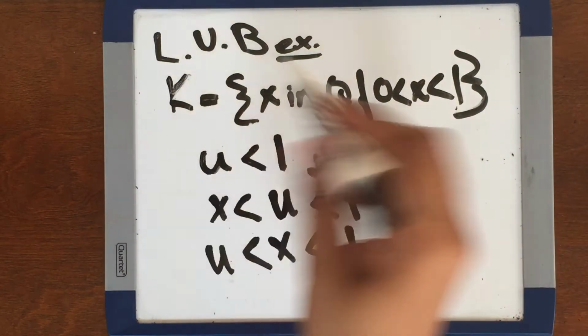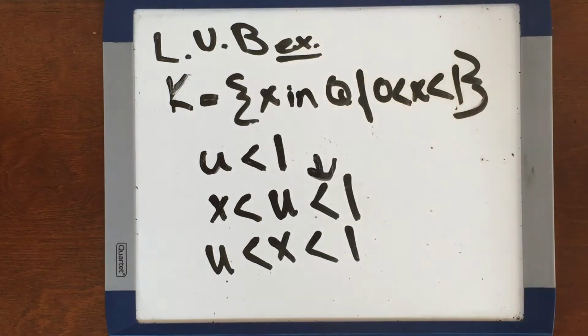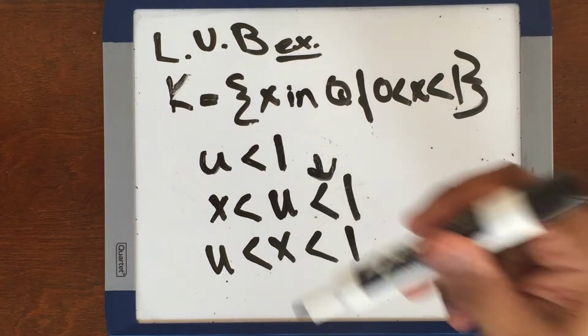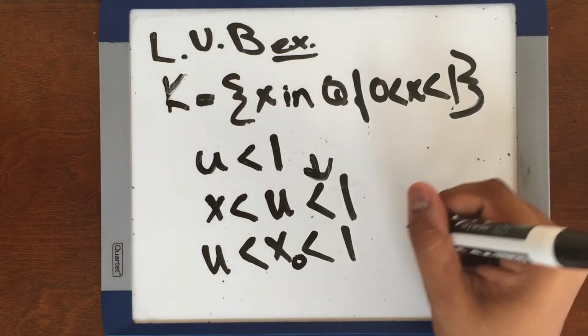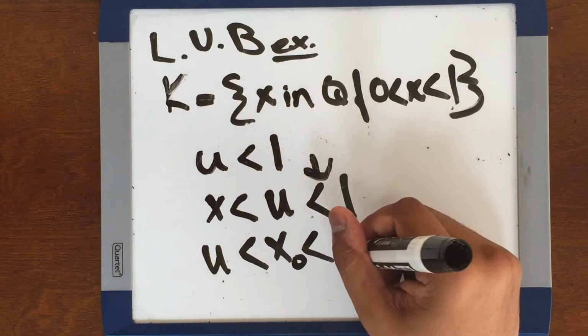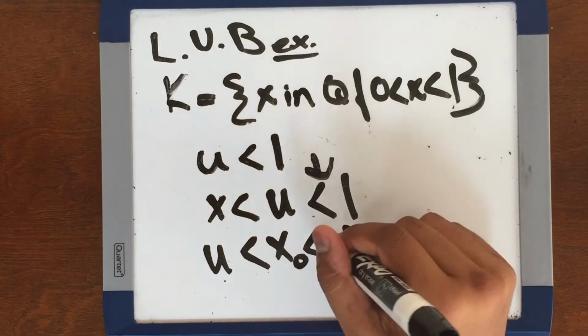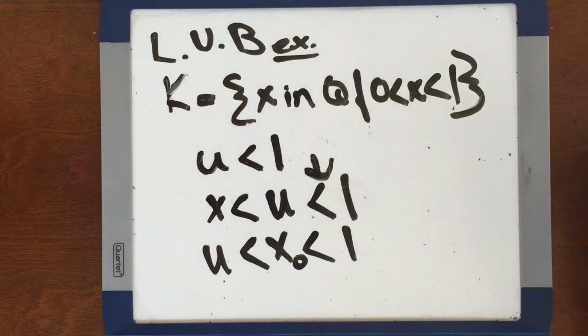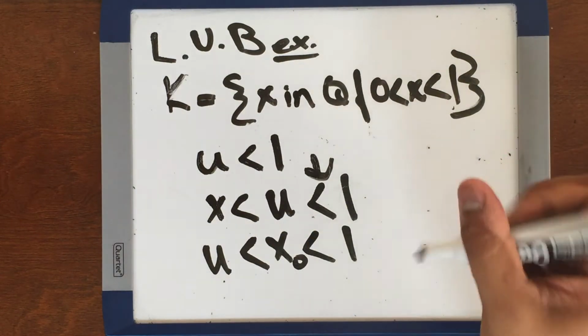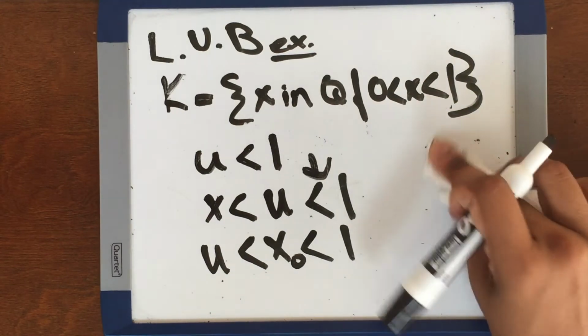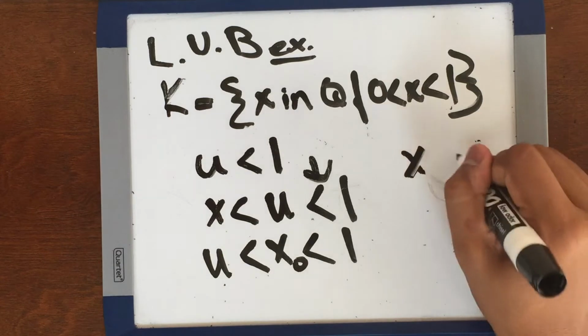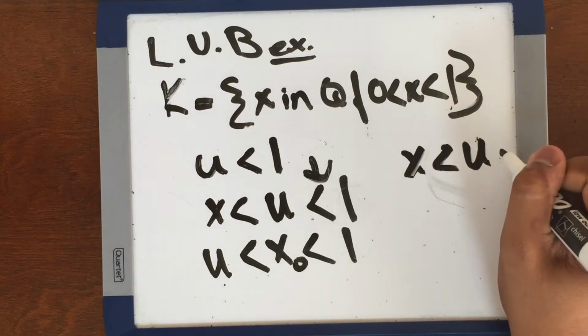We're assuming for our contradiction that 1 is not our least upper bound. So we forced in a number X that is less than 1 but greater than our upper bound. But that doesn't make sense, because by definition, X is less than or equal to all of our upper bounds.